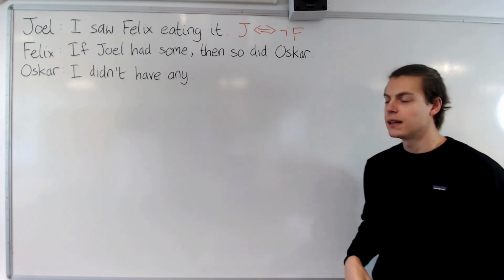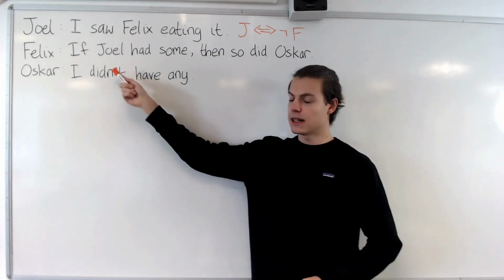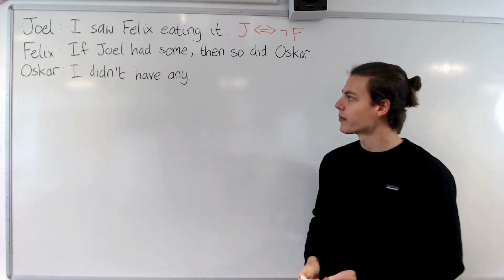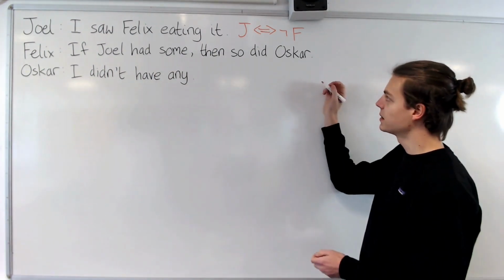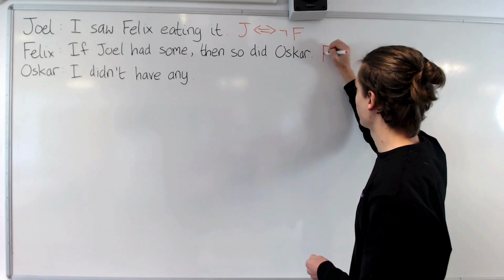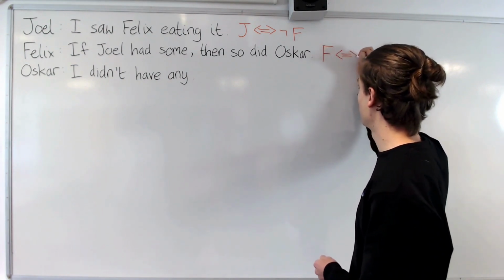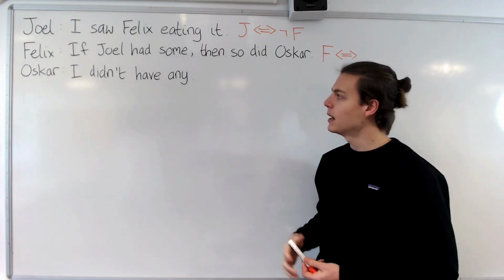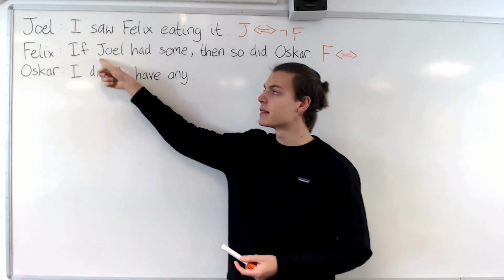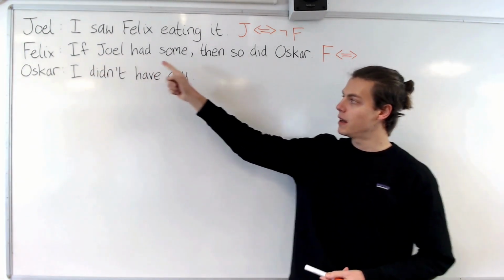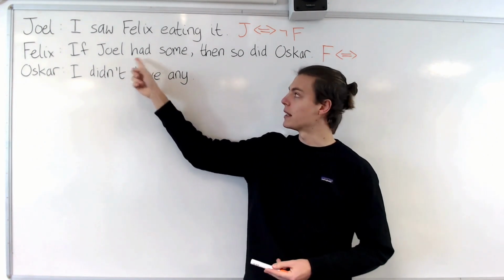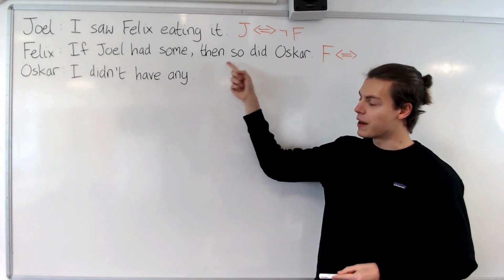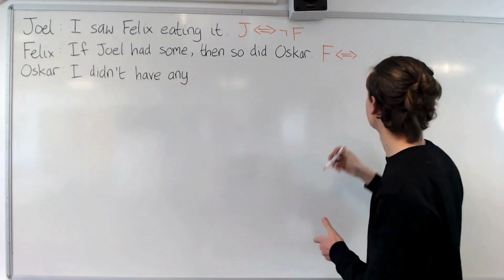And Felix, again, is innocent if and only if his statement is true. And so we can write this: F, if and only if. And now we need to translate this statement. So if Joel had some, so if not J, then so did Oscar, then not O.